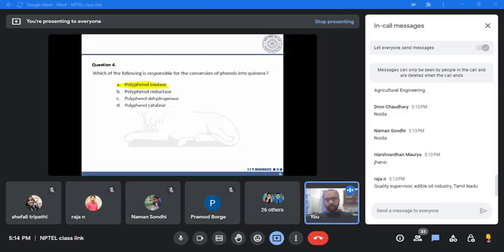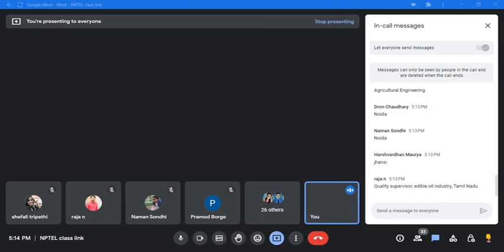So what happens in enzymatic browning? It begins with the oxidation of phenol by polyphenol oxidase into quinone. It is a main factor that reduces the content of polyphenols during the oxidation process. This happens because of an imbalance between oxidative and reductive processes in the presence of light, oxygen, or other factors.